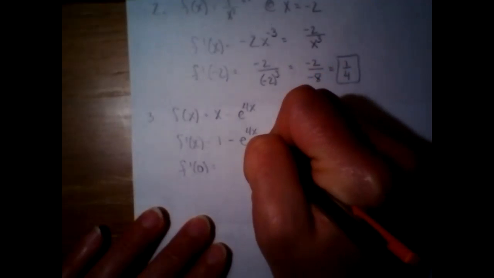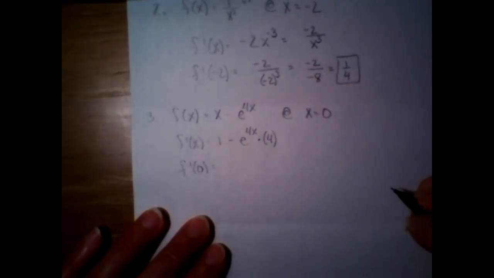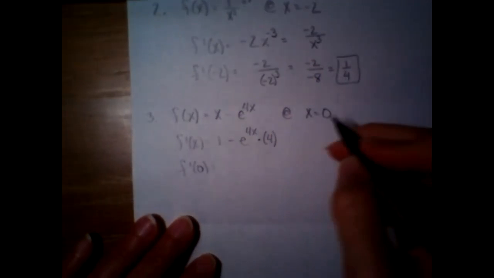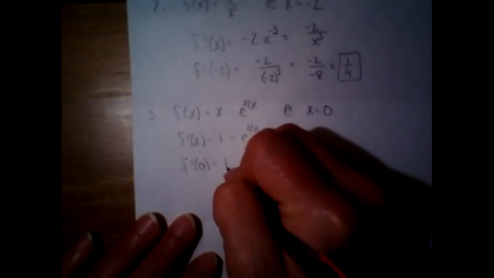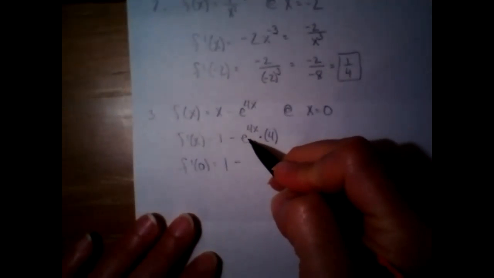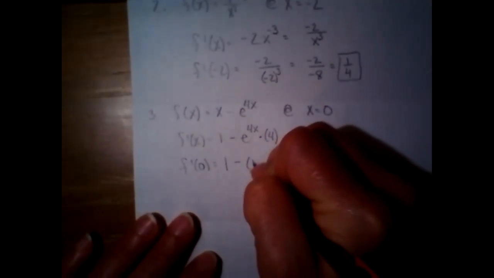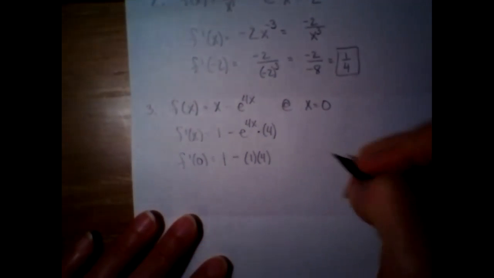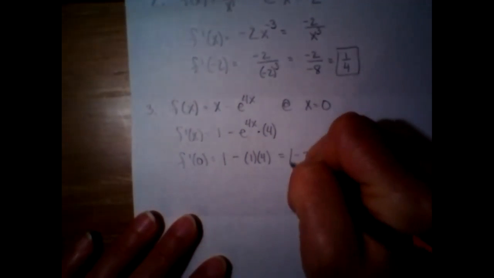And then there's a chain rule there. You have to chain on the derivative of 4x, which is 4. And then we're going to plug in 0. So this would be 1 minus e to the 0 is 1, and then times 4. So we have 1 minus 4, which would be -3.